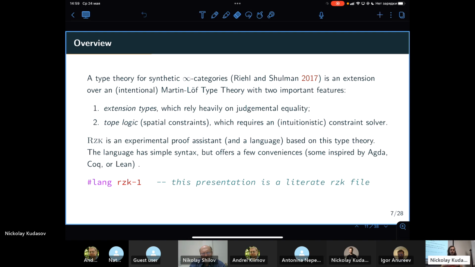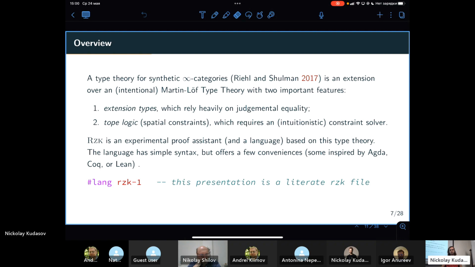So in that sense, a category would give you more information or more insight about the relationships between the points or elements in your type. And so the idea of this synthetic infinity categories type theory is that a type is supposed to represent not a set of possible values, but a category of possible values.